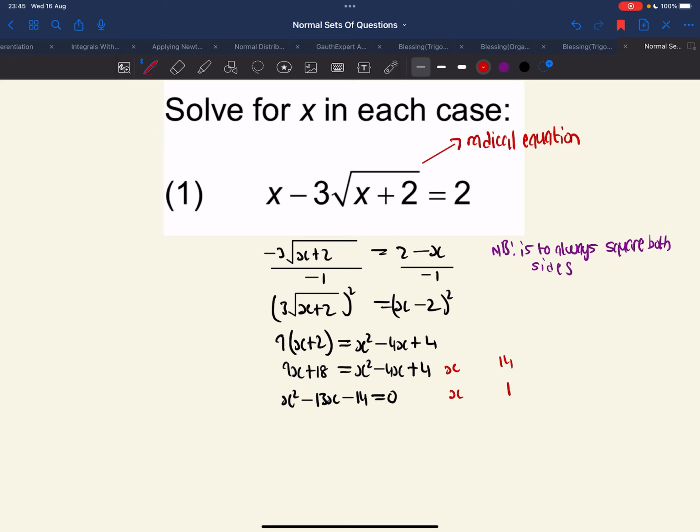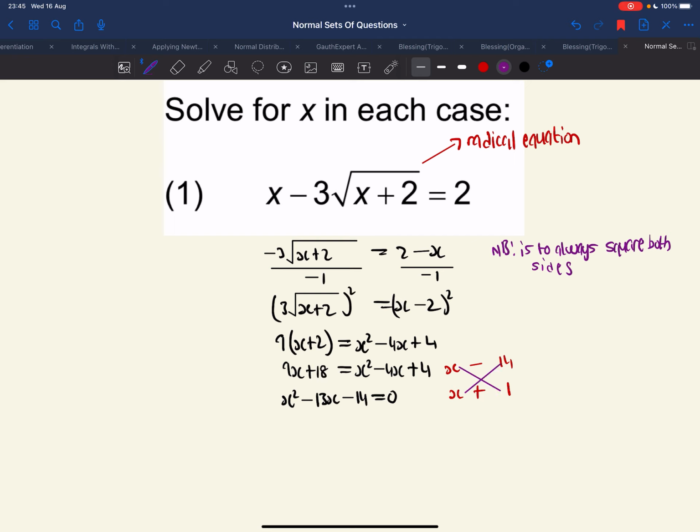Seeing there's a minus in the constant, one of the brackets has a positive and the other a minus. Since we have a minus 13, we might have a minus there and a positive there, and we can cross multiply.